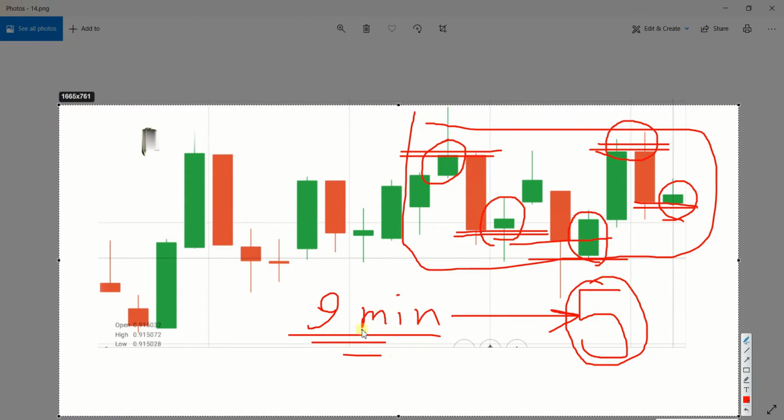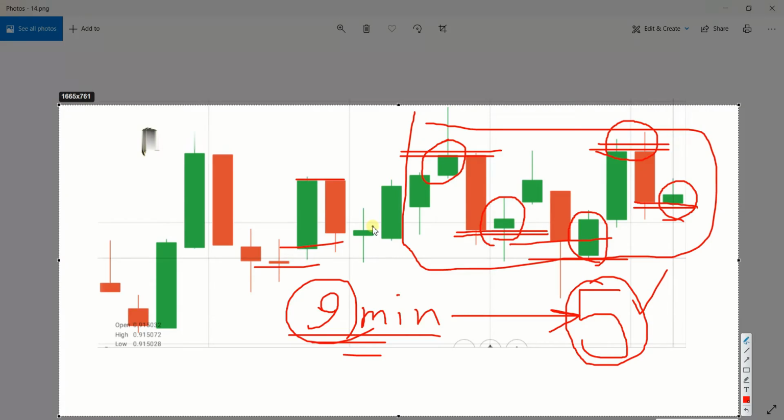You just need to wait 1 or 2 minutes, and you will get a clear opportunity, a good shot, and you will win. Please don't think that I must predict every candle here. It is not possible. No one in this world can predict every candle. So just wait for 1, 2, 3 minutes.